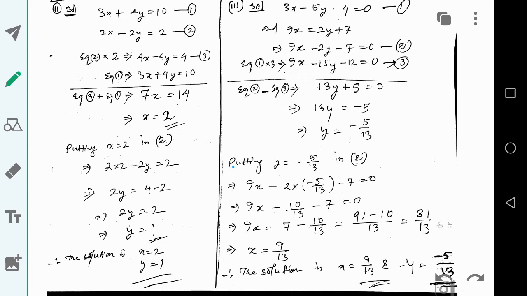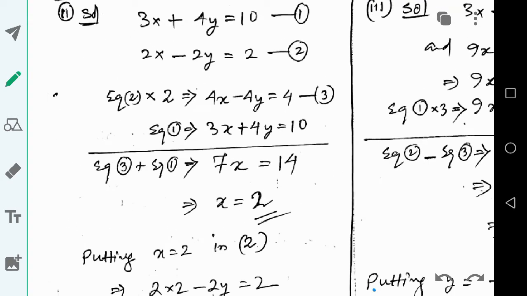Here I have eliminated y, so that's why I have to make the coefficients of y equal. They may be opposite in sign, but numerically they should be equal. There is 4 here, the coefficient is 2, so I have multiplied by 2 in order to get 4.